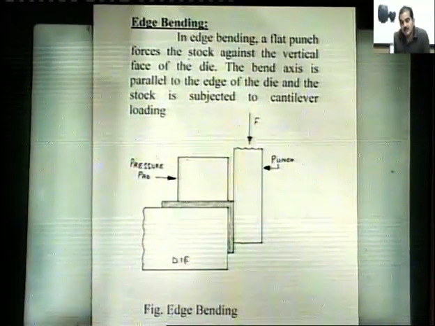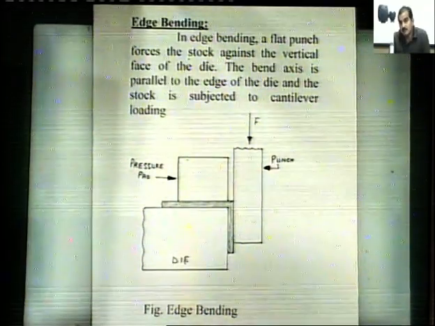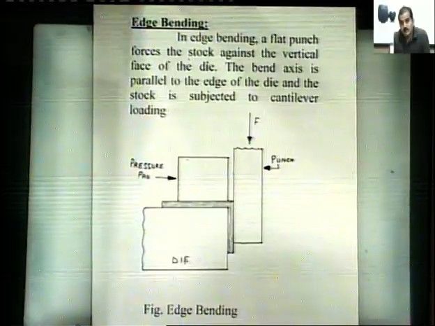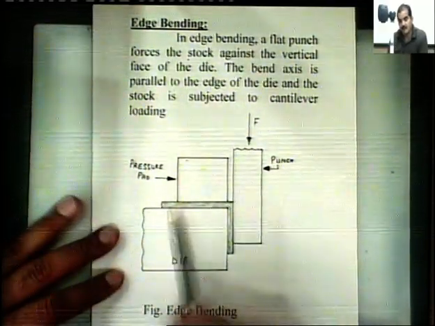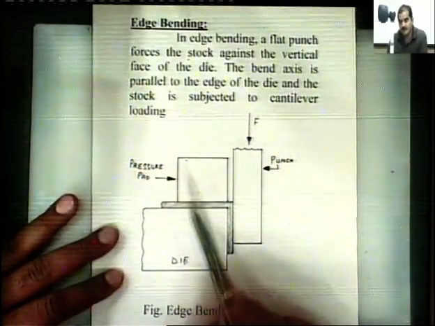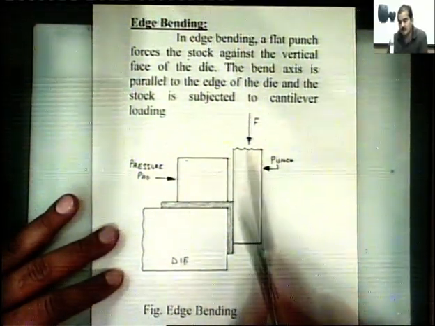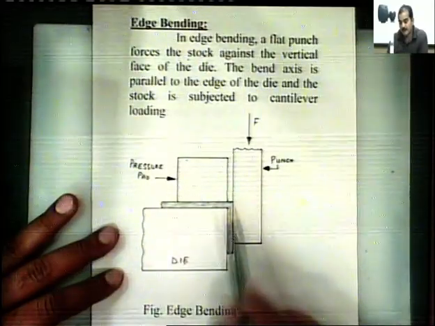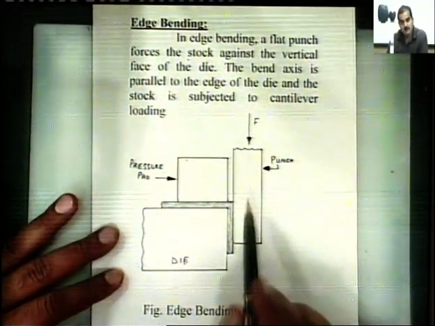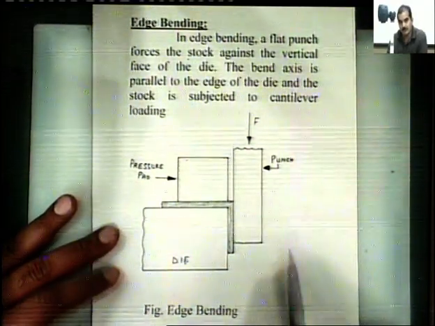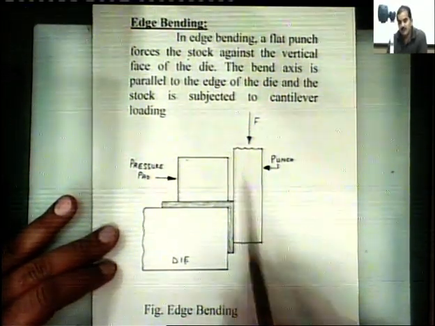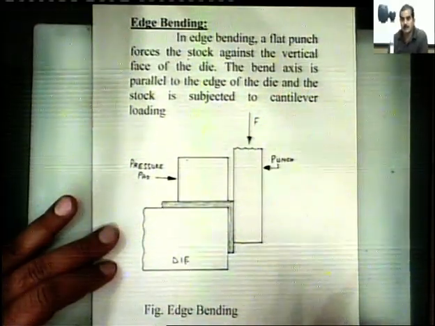So, edge bending is a very simple press working operation in which a straight length is held with the help of a pressure pad, and a straight punch forces the cantilever downward, and this type of loading is called cantilever loading.